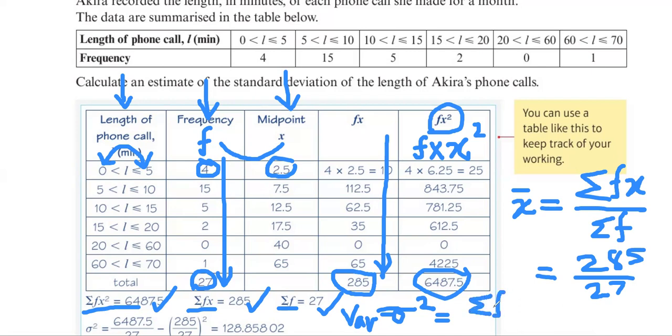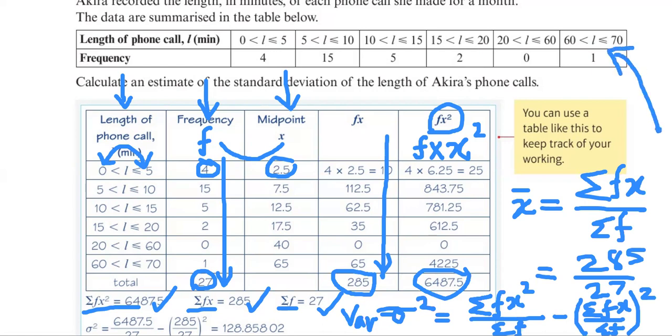Sigma fx square over sigma f, minus sigma fx over sigma f, whole thing squared. Yeah, like that. For this type of table data, you have to use this formula to find variance.